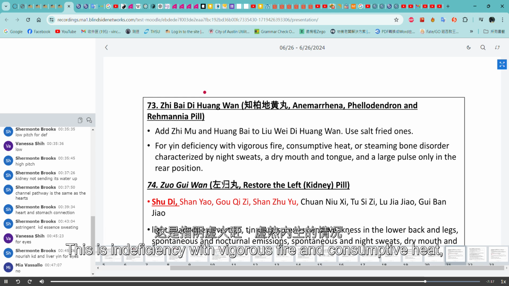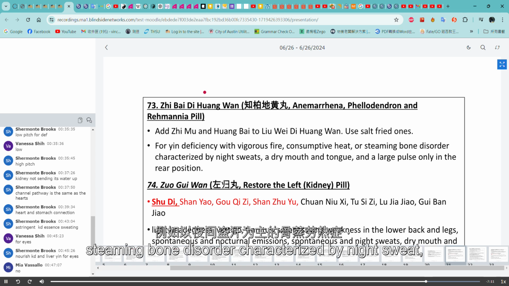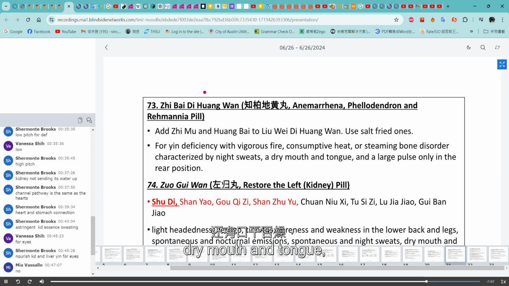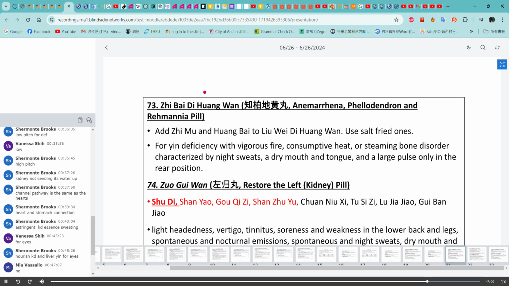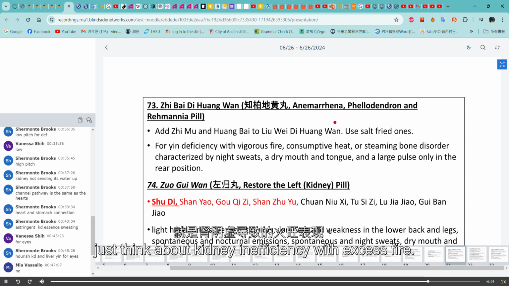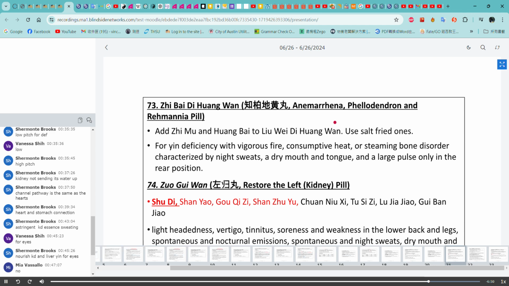So this is yin deficiency with vigorous fire and consumptive heat, steaming bone disorder characterized by night sweats, dry mouth and tongue, large pulse only in the rear position. This steaming bone disorder, just forget about this. Just think about kidney insufficiency with excess fire.